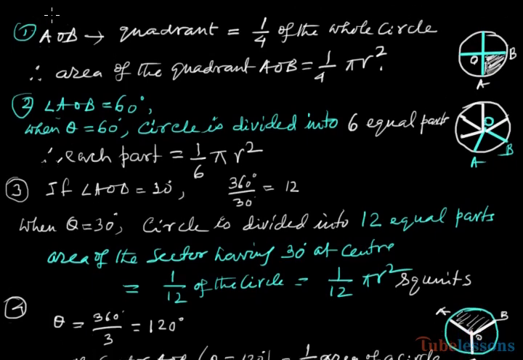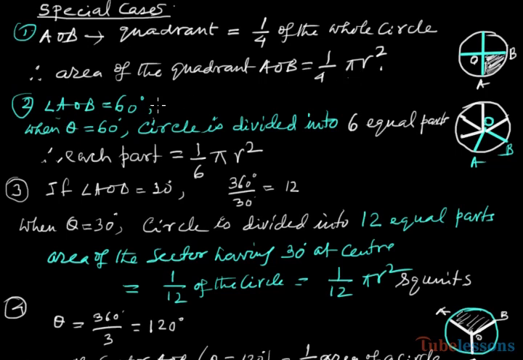So these are the special cases. When it is a quadrant, that is quadrant means 1/4 of the circle, we got the area of the quadrant AOB as 1/4 pi r square.